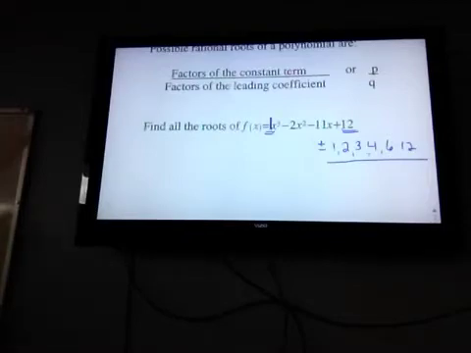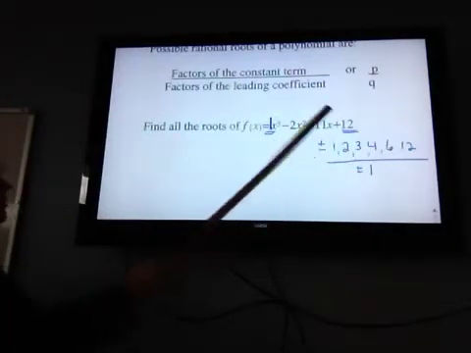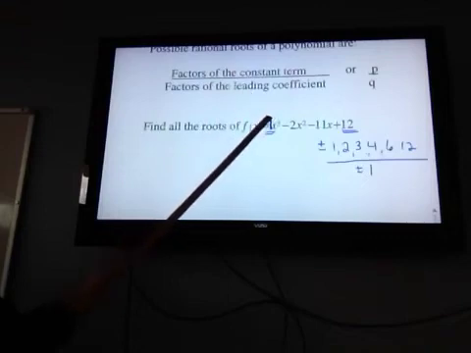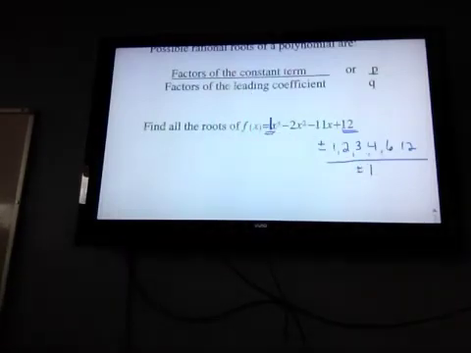So my factors of my 12 over the factors of the leading coefficient, in this case it's a 1, so plus or minus 1. And then I create all of the combinations. Now again, this one I'm starting off easy because everything over 1 just gives you what you have.